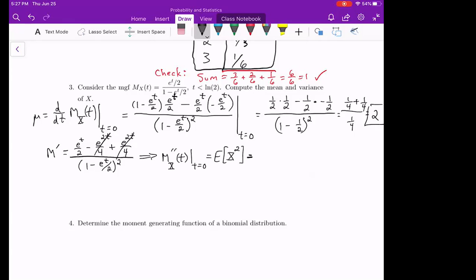So low d high minus high d low, all over low squared.